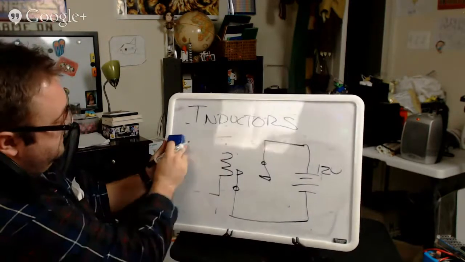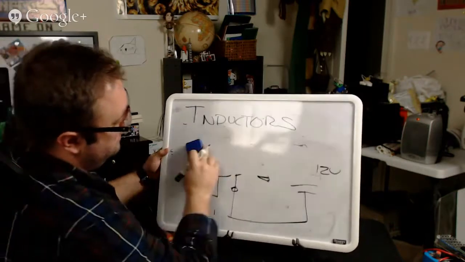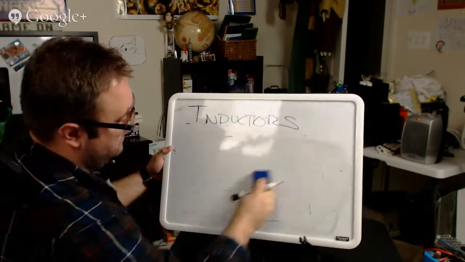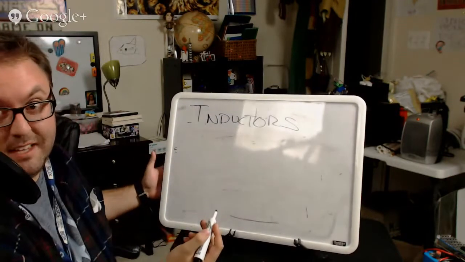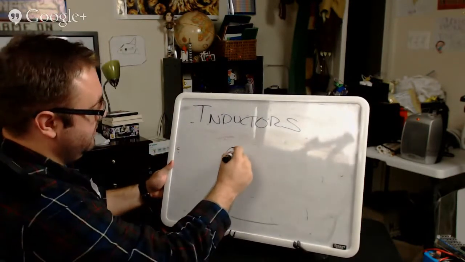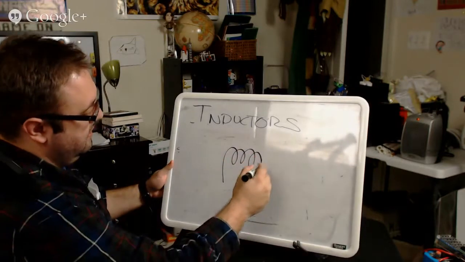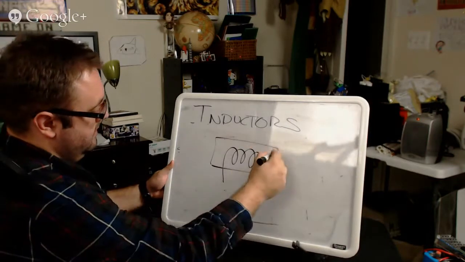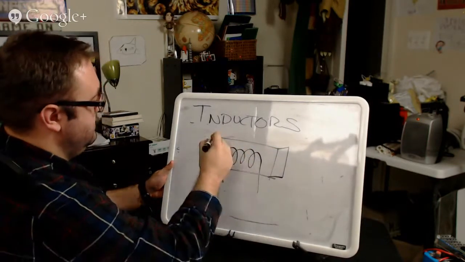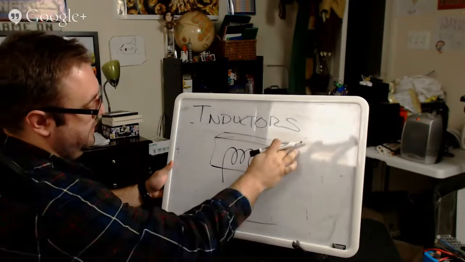Oh, solenoids. So a solenoid is a sucking magnet. You just have the coil, and a lot of times it'll be built something like this. You'll have like a little pipe that comes out.